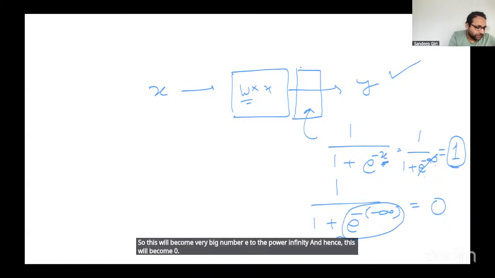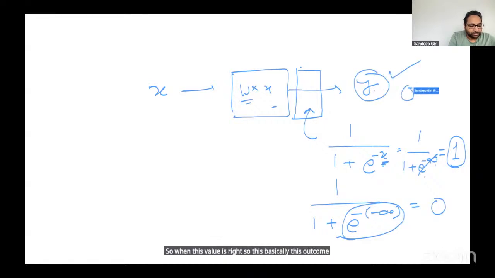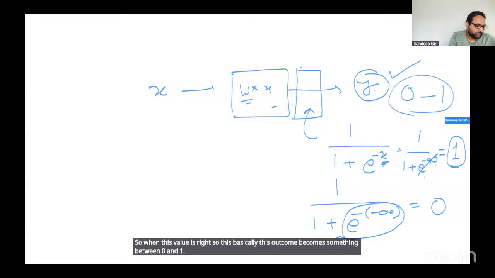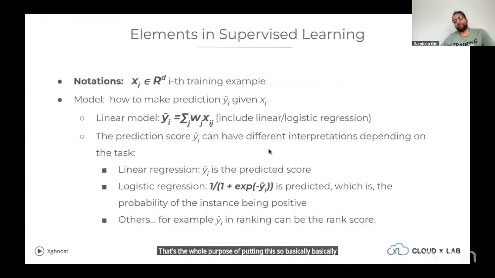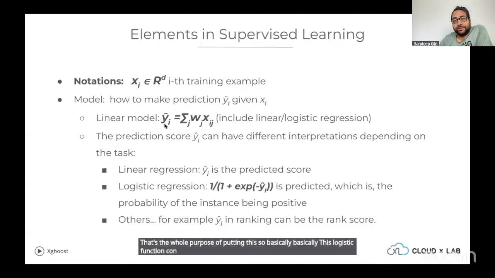So this outcome becomes something between 0 and 1. That's the whole purpose of putting this. This logistic function converts any number to between 0 and 1, and we can interpret it like a probability.